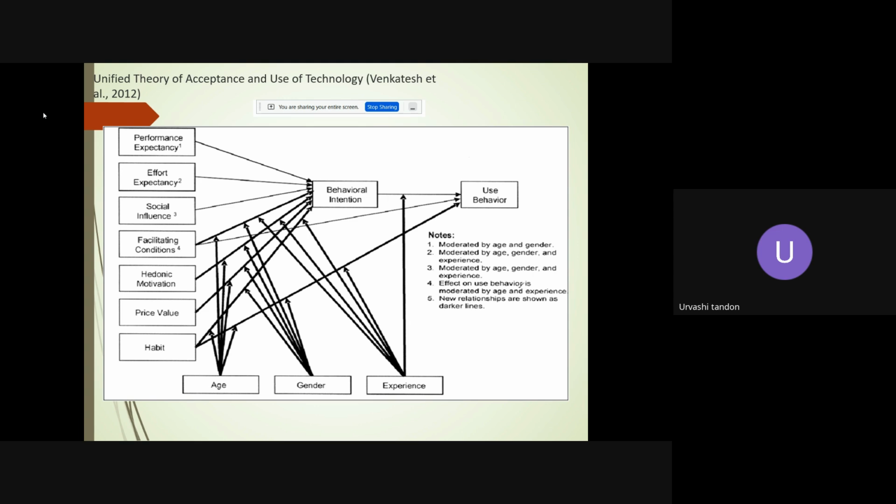Then facilitating conditions says that a proper, well-defined infrastructure is available for making it operational, right? Let's say online learning is there. Now I have the internet connection, I have a particular cabin to sit at. That means the infrastructure is quite good here to conduct the classes online, right?